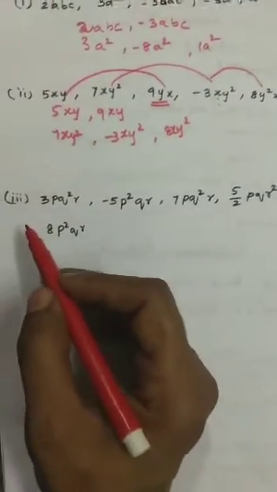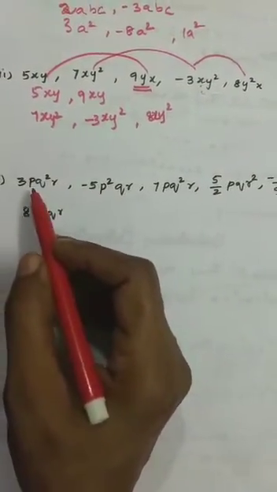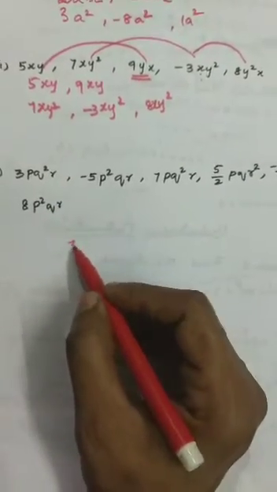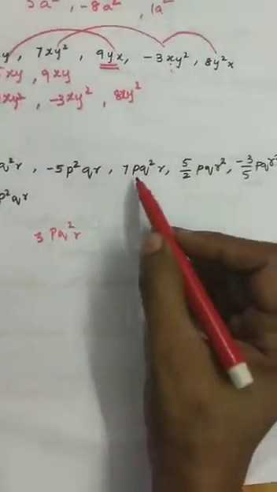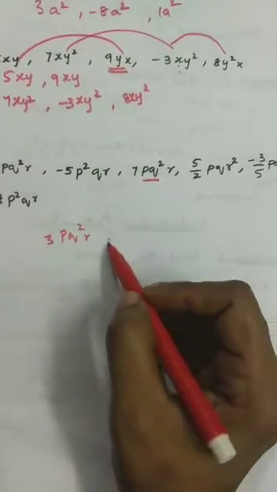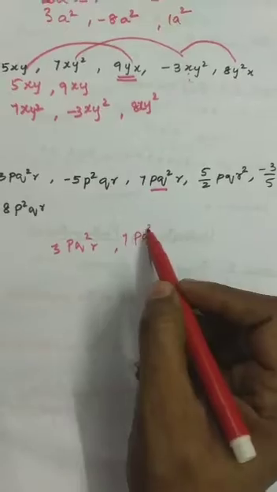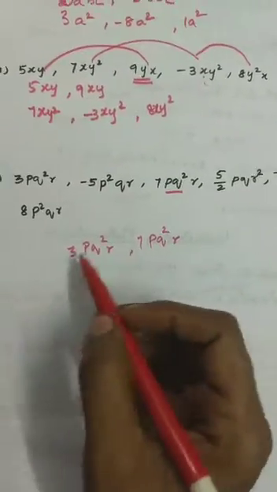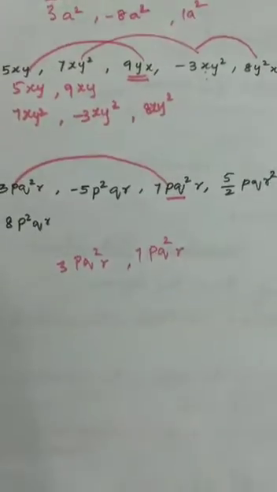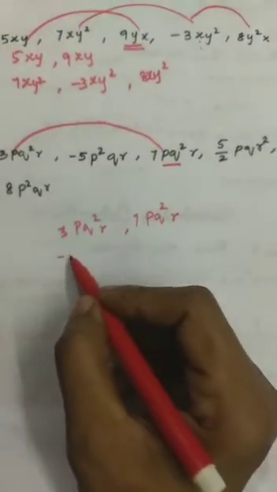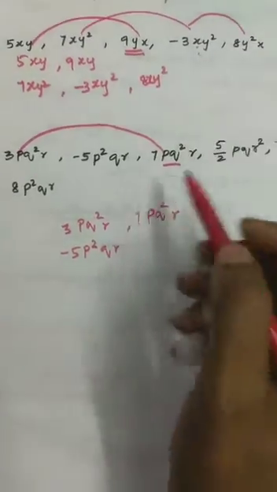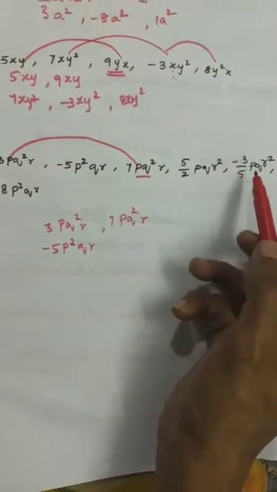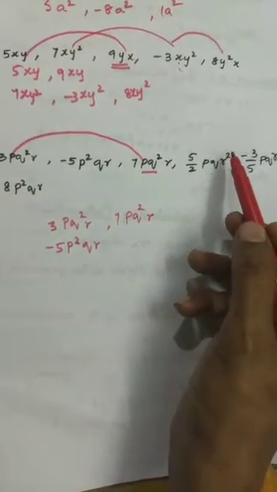Okay. Then see the third sum. 3pq square r, 3pq square r. Here q square r. See here any q square r here? Yes, here is one q square r. That is 7p q square r. Okay, these two are like terms. Then see the next one, minus 5 p square q r. Okay, see any p square q r. Here it is p q r square.